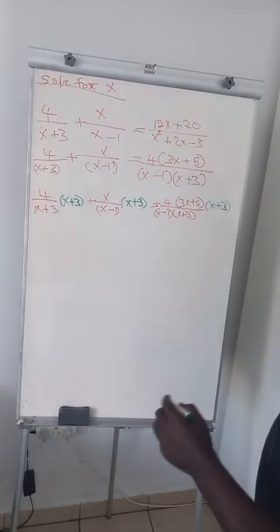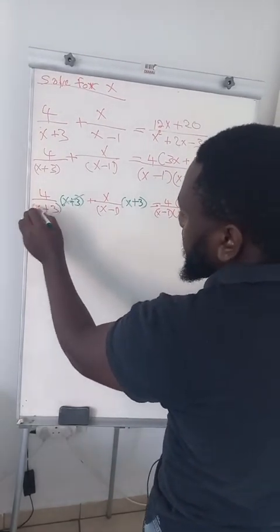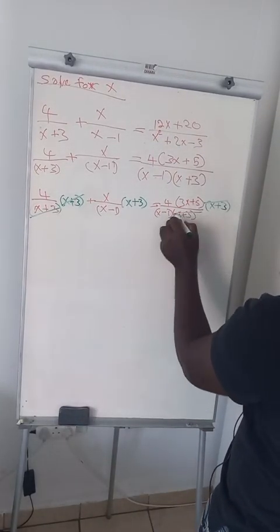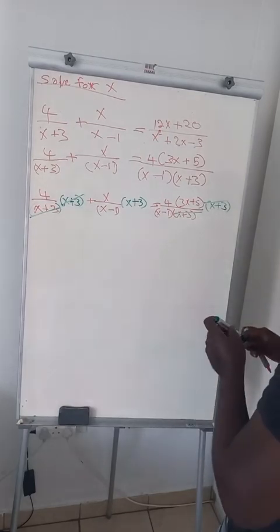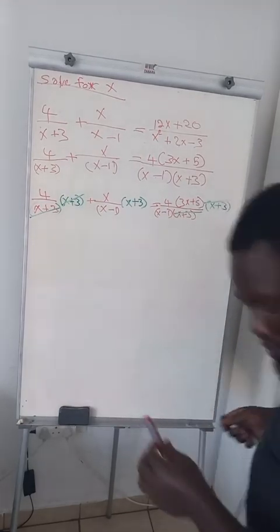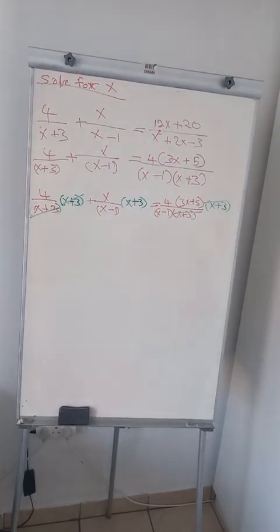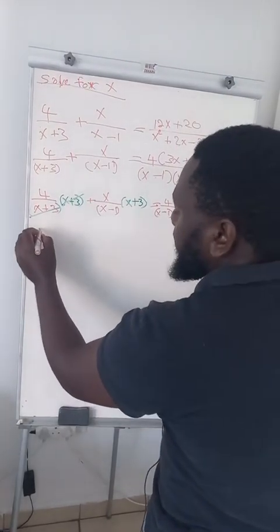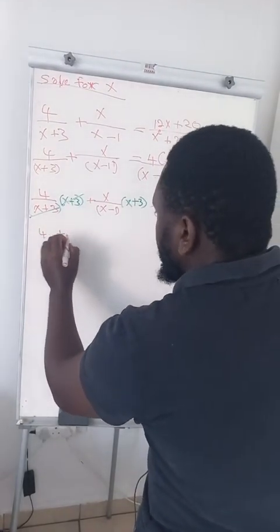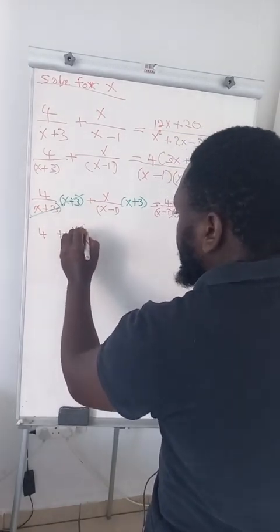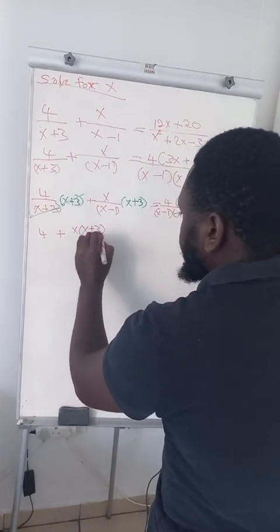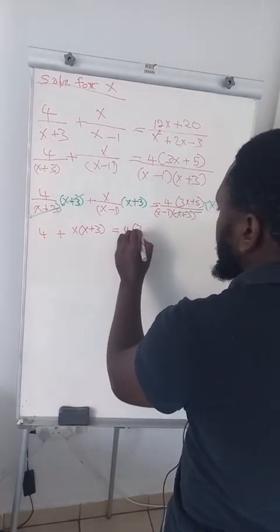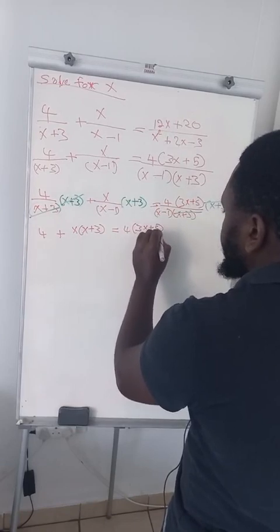If you check now, this and this here will go out, and also here, this and this will go out. So now it will say 4 plus, on top you'll have x multiplied by x plus 3, equals 4 into 3x plus 5.